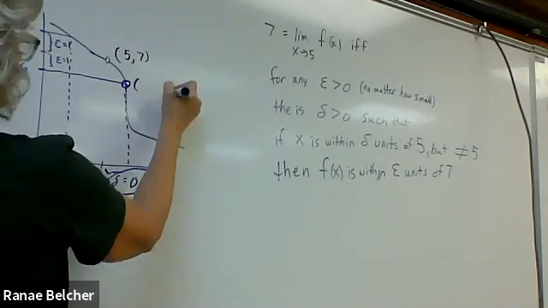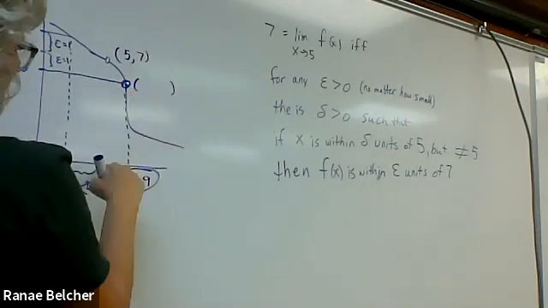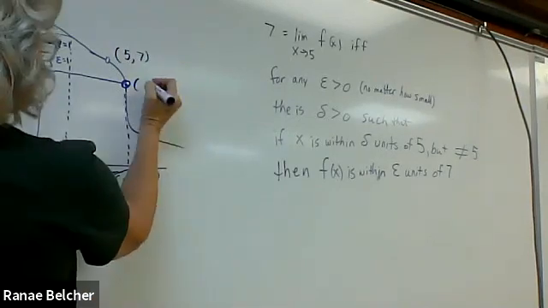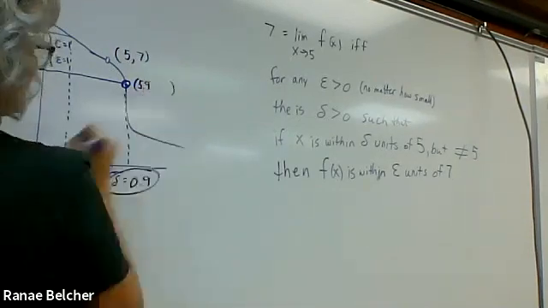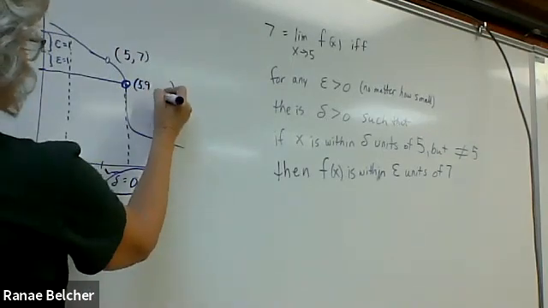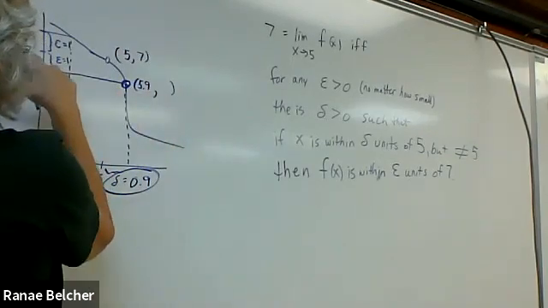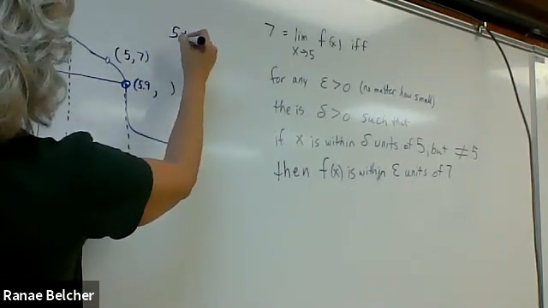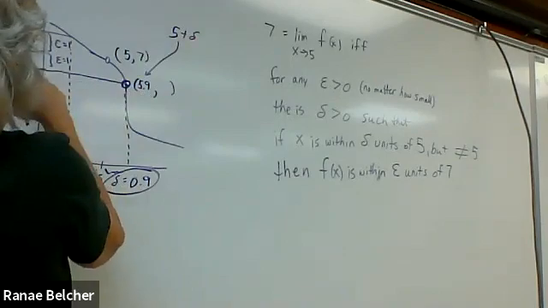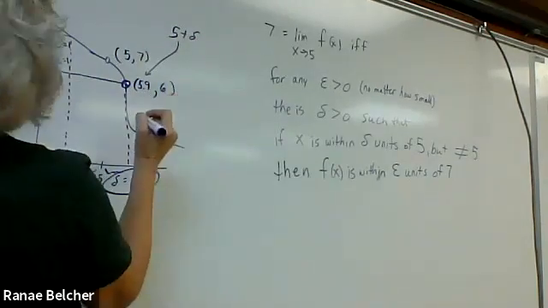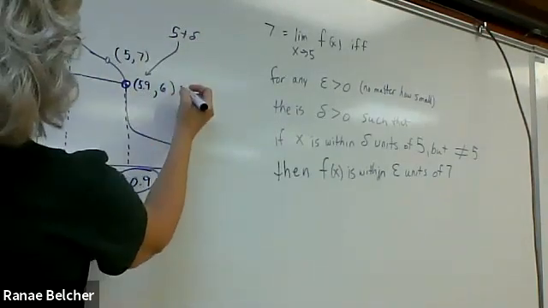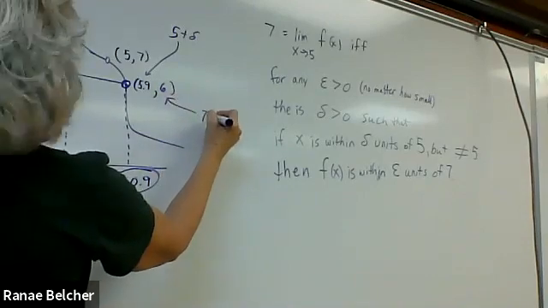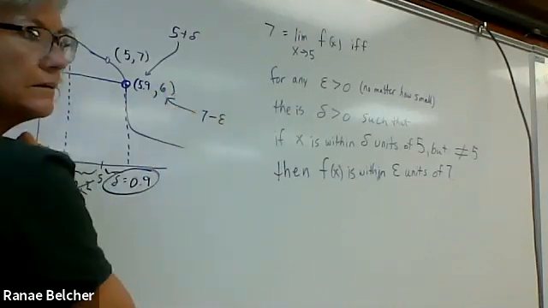What would this one be? It'd be 5 plus 0.9, so 5.9, comma, and then here we're saying 5 plus delta, and then this is 6. Okay, and that right there is 7 minus epsilon, right?